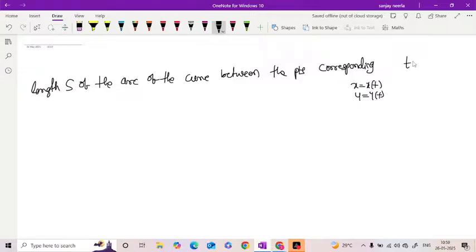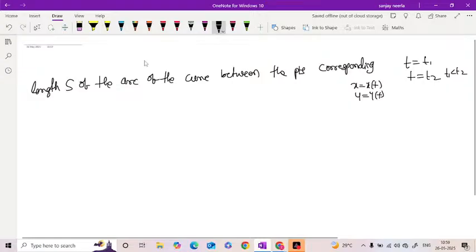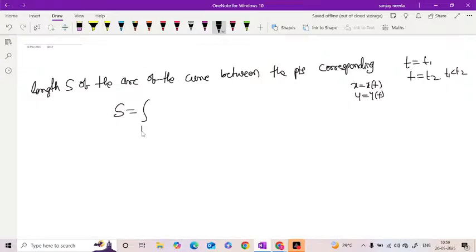I am taking the points t is equal to t1 and t is equal to t2, and t1 is less than t2. Then the length of the curve is s is equal to integral t is equal to t1 to t2 under root of (dx by dt) whole square plus (dy by dt) whole square into dt, because it is the parametric form.